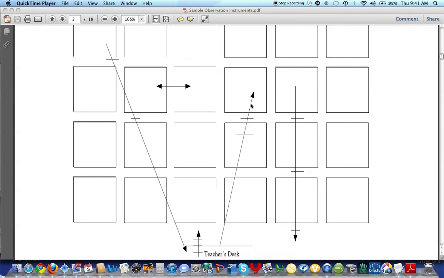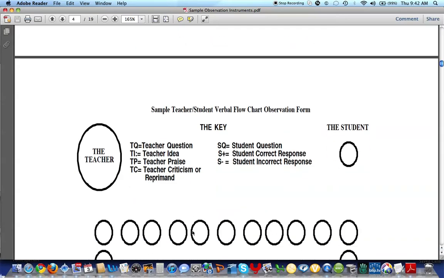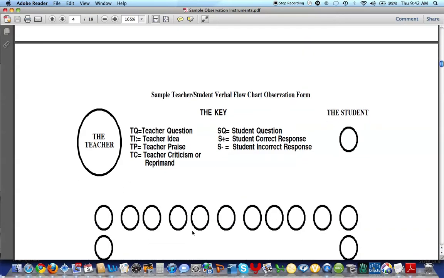If the student spoke directly to the teacher, as the student did here, the student in this seat spoke once, twice, 3 times to the teacher. Let's continue. You can create any configuration for classroom seating that you like, and you can also create your own special key.